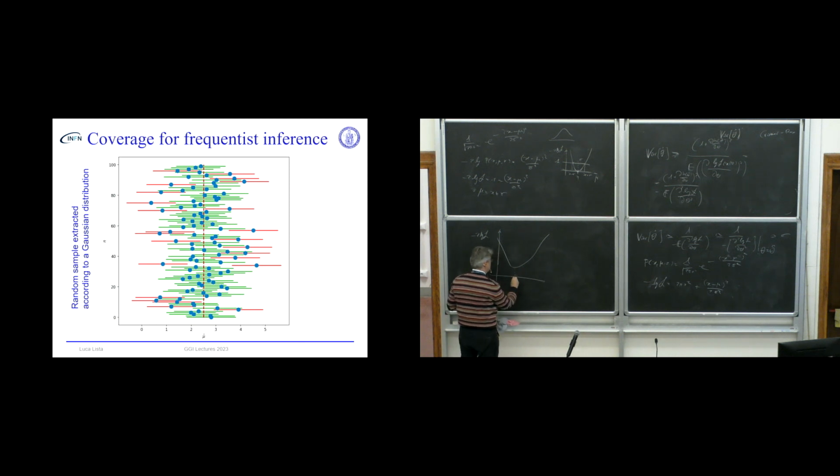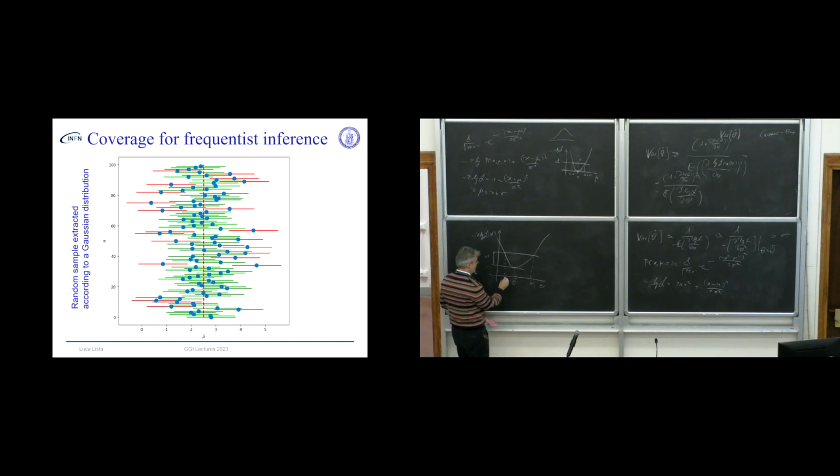So the minimum gets you the parameter, we call it theta rather than mu, okay? Theta hat. And then you consider the value at the minimum plus 1. When you add plus 1, you have two values, which are theta 1 and theta 2. Now, what is interesting of this approach is that you may get asymmetric errors.